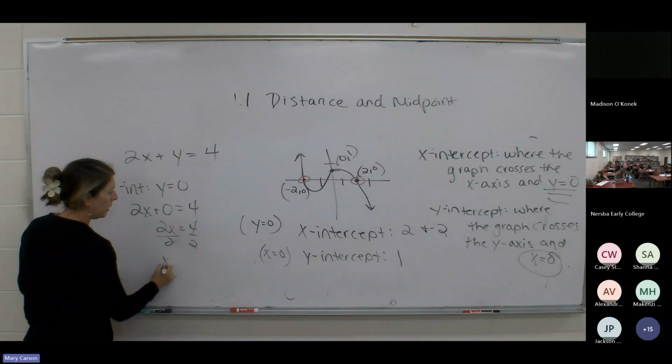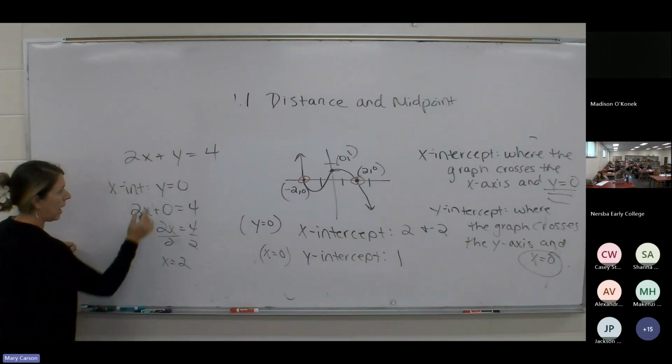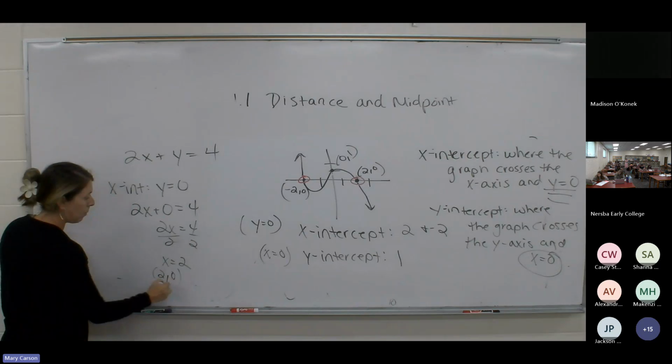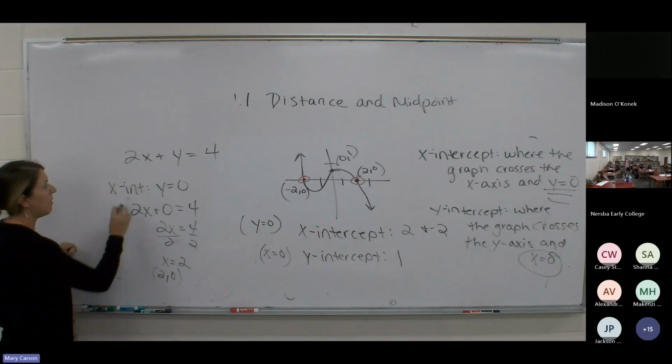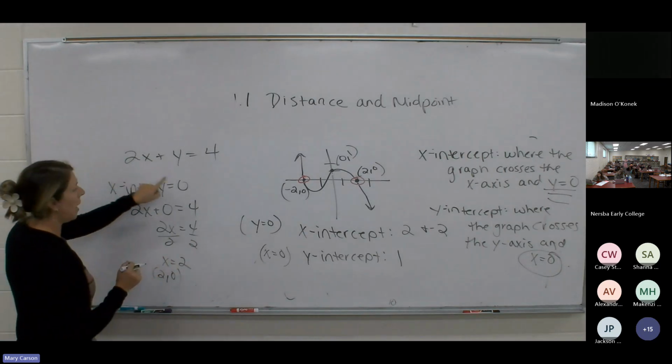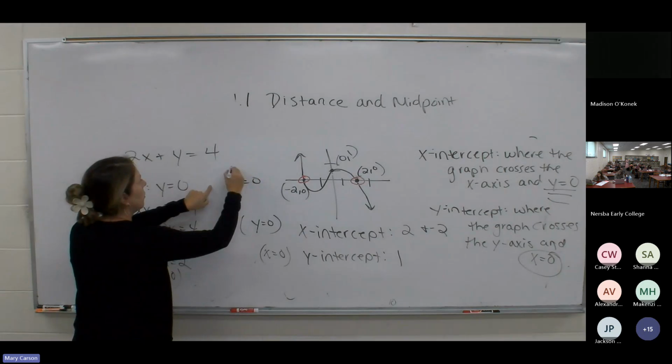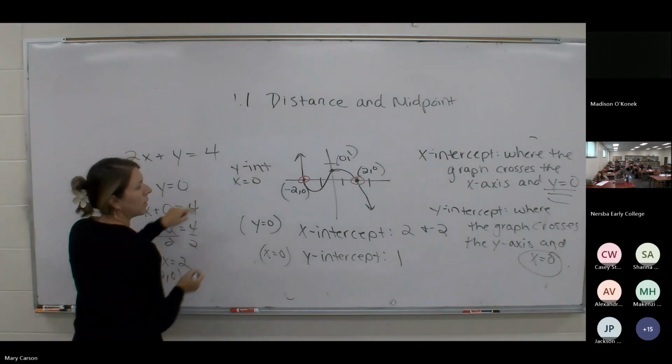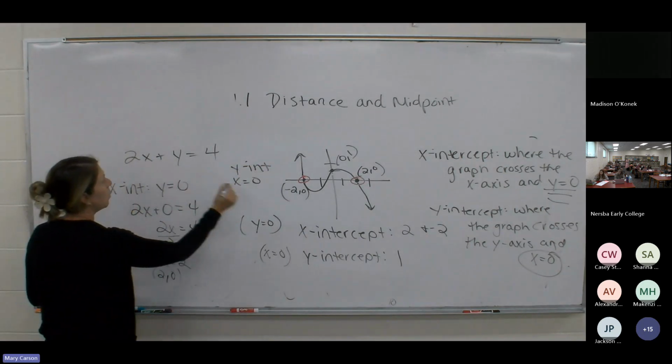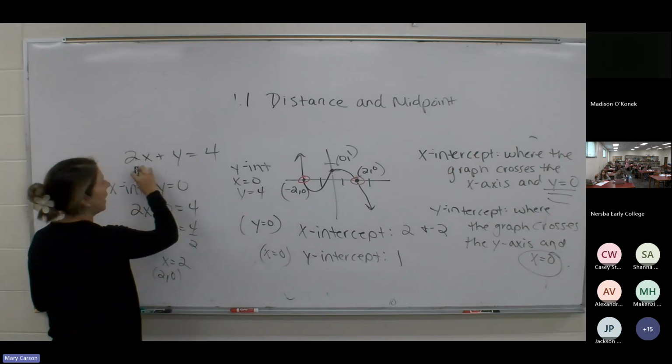So I already know a point just by doing that. I know the ordered pair is 2, 0. If I want to find the y-intercept of this, I plug in x equals 0. Plug that in, you get y equals 4 just from doing that.